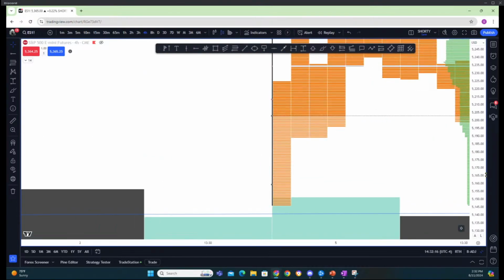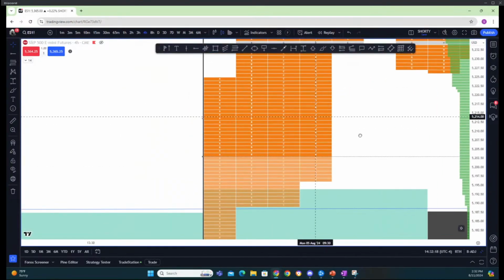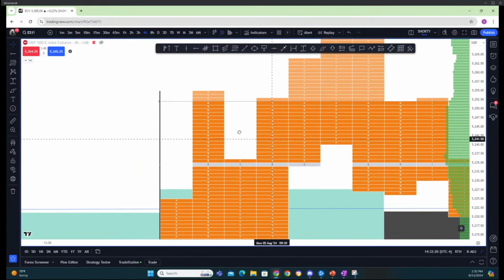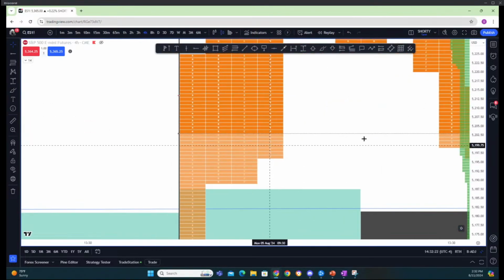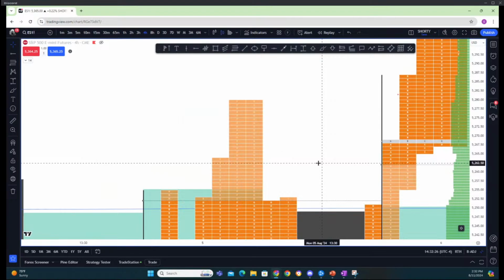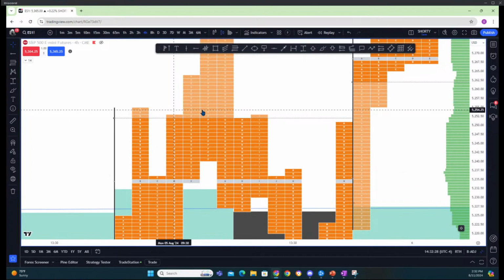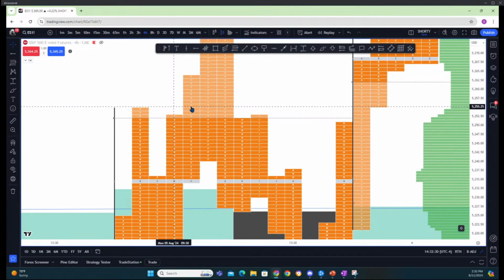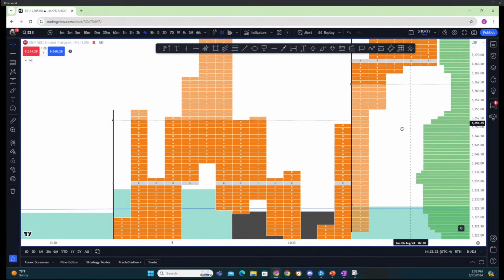So here's, for instance, I think this is A and B period here, and here's the C period. It never really cracked. It stayed inside, and then you see the E, F, and G periods cracked higher. I don't put the same value as if the C period is cracking this.